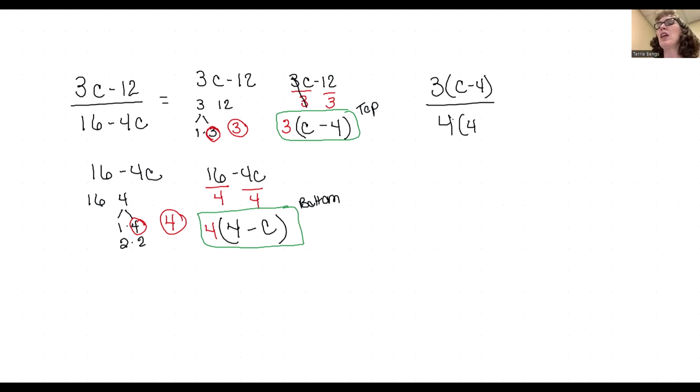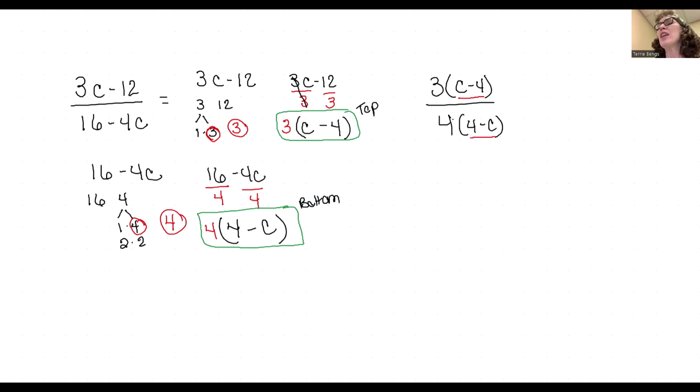When we look at that, we ask, is there anything on the top and the bottom that's the same? Well, there's not anything that's the same, but there's something that's the complete opposite. Look at this. Here we have c minus 4, and here we have 4 minus c.